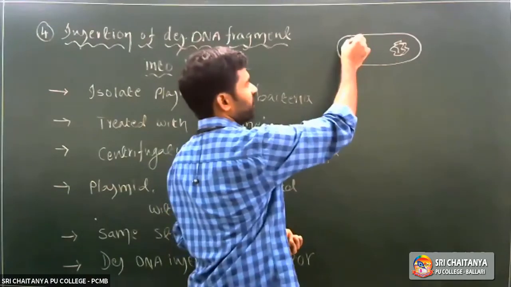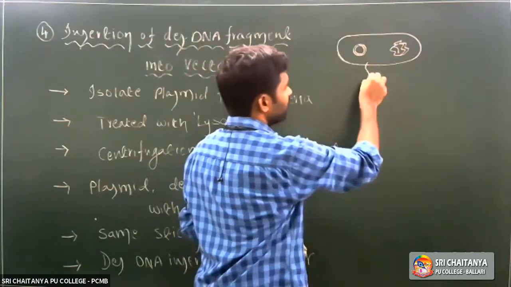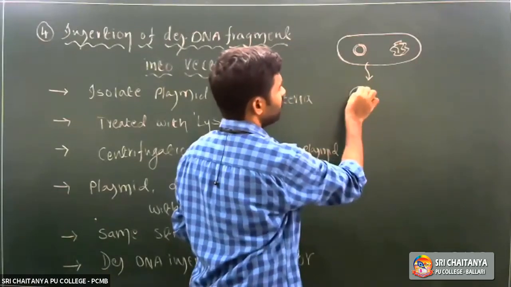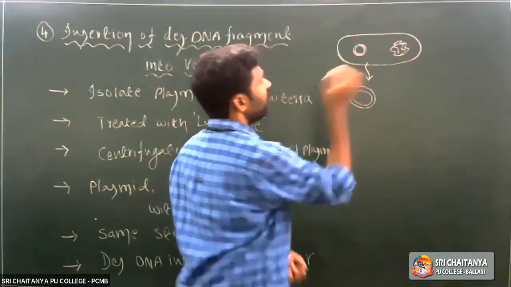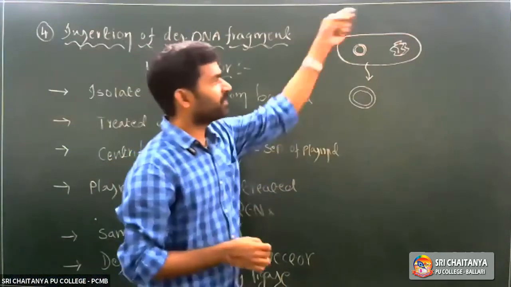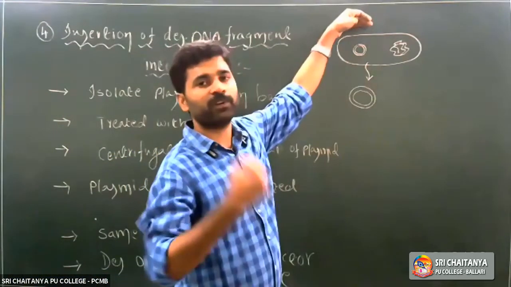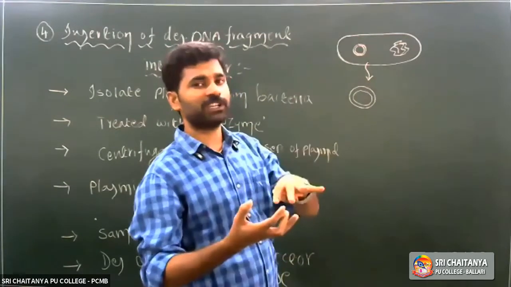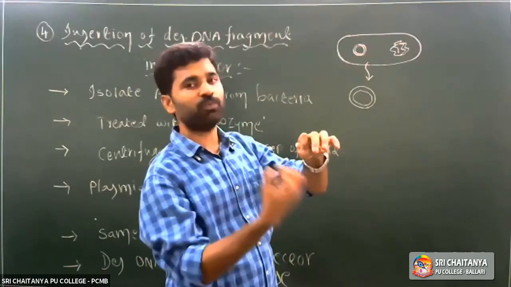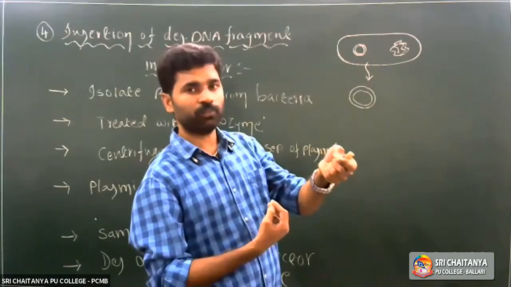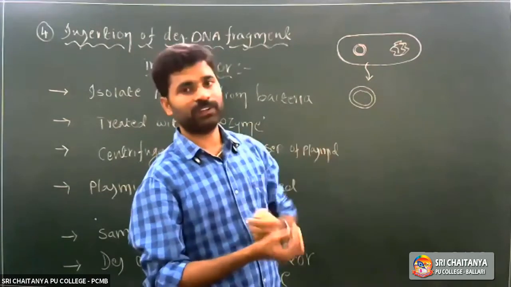Imagine it is a plasmid. That plasmid we isolate. How will we isolate the plasmid? By treating with lysozyme enzyme. After treating with lysozyme enzyme, when we perform the centrifugation technique, molecules with more molecular weight settle at the base, and light molecules float freely.